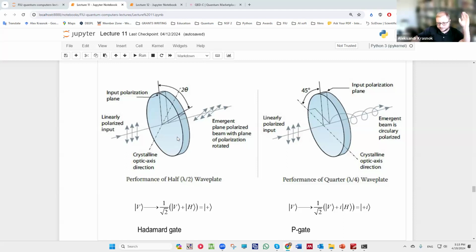Also, the photons, the elementary particles of light, don't interact with each other, so the light just passes through without interaction, which is a very interesting phenomenon. The photons don't interact, but if the photons are coherent, they form an interference pattern.